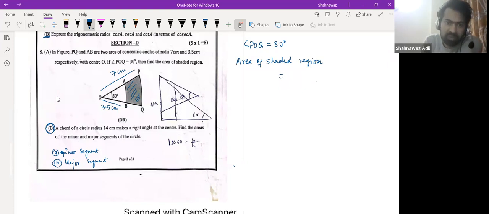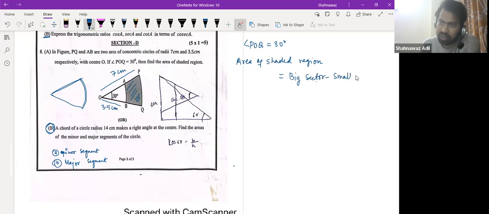Let me give you a hint. We have to subtract the area of the small sector. Yeah, good, absolutely correct. So big sector minus small sector, right?